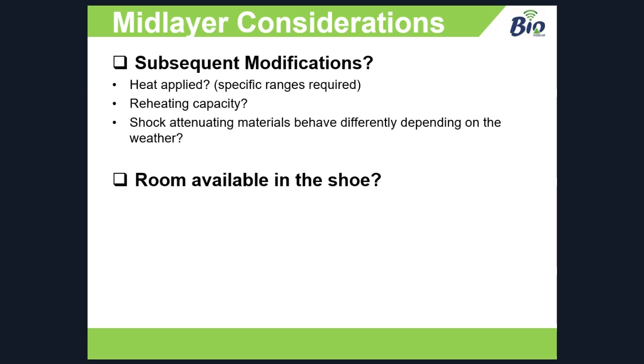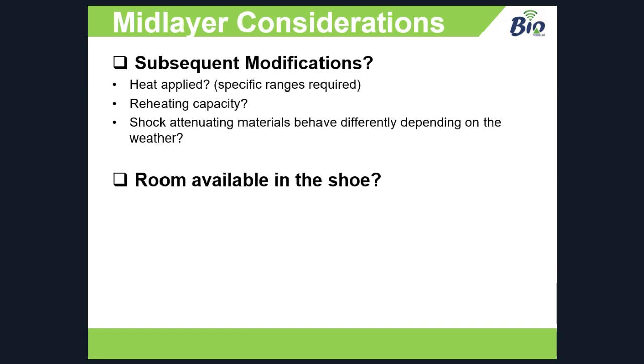And again, shock attenuation materials behave very differently depending on the weather. Me being a skier, okay, and then going in and surfing, I can't really expect that the rubber that I use in the ski boot will behave the same way as when I'm walking on a sunny day, you know, down to the beach.